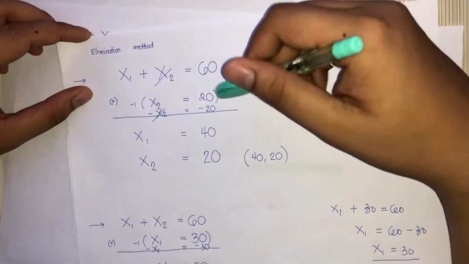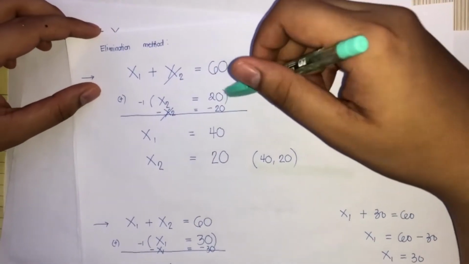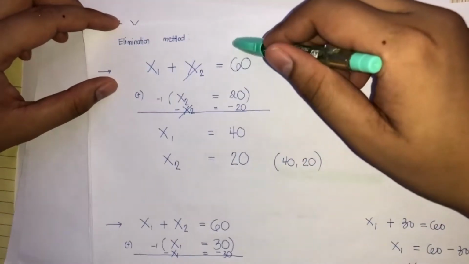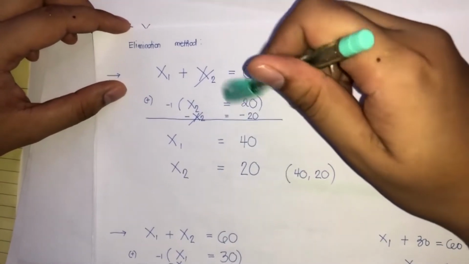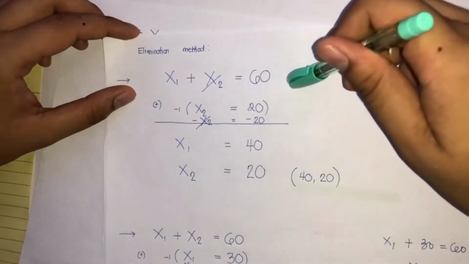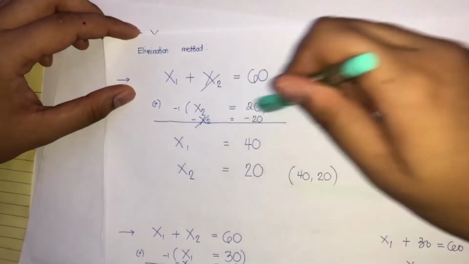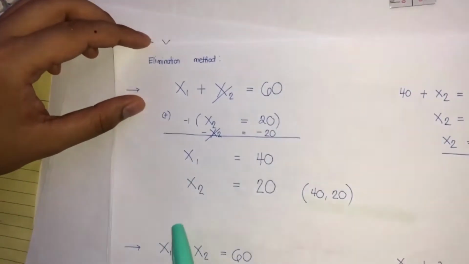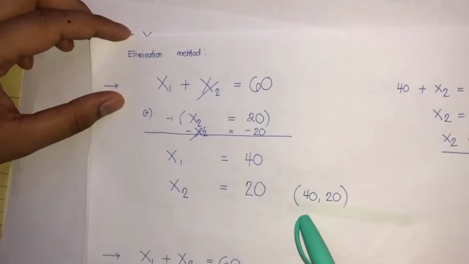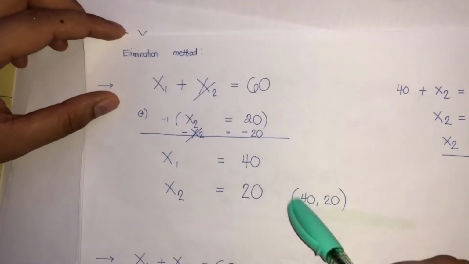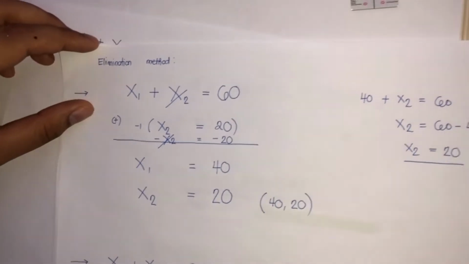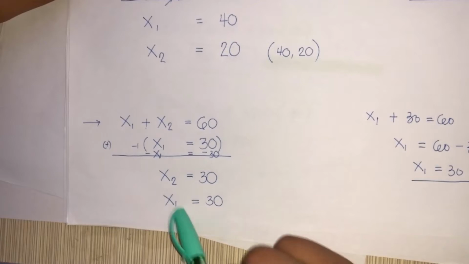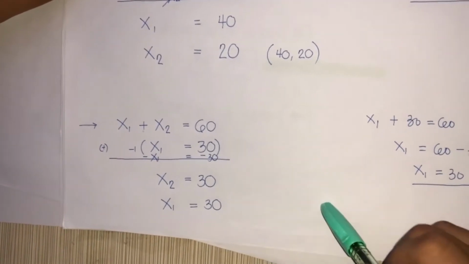To solve for the coordinate points of point A, we used the elimination method on the intersection of constraint 1, which is this one, and constraint 3, which is this one. So x1 equals 40 and x2 equals 20, which means the coordinate points of point A are 40, 20, while the coordinate points of point C are x2 equals 30 and x1 equals 30, which is 30, 30.